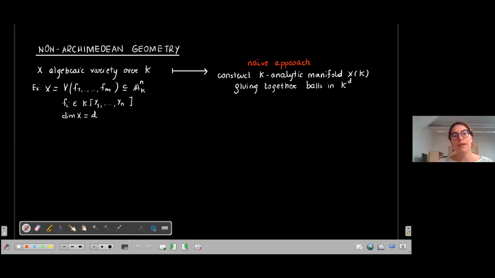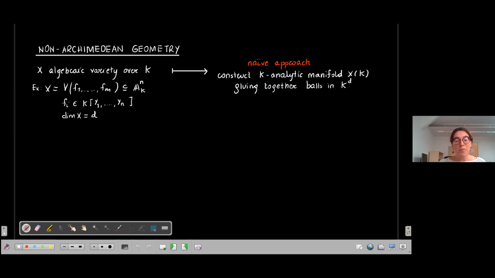So what we mean here is that we could try to do what is called naive analytic geometry by starting with an algebraic variety. If you like, just think of an affine variety, given by some vanishing of polynomials, okay? And naively, we could try to construct an analytic manifold just by taking the solutions of the polynomials in K or its powers, and then try to glue them together.